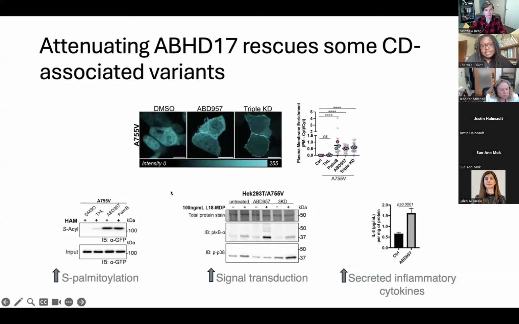And we saw an increase in signal transduction when we again looked at downstream phosphorylation of our downstream effectors. And then lastly, we saw an increase in the pro-inflammatory cytokine secretion, mainly the IL-8.